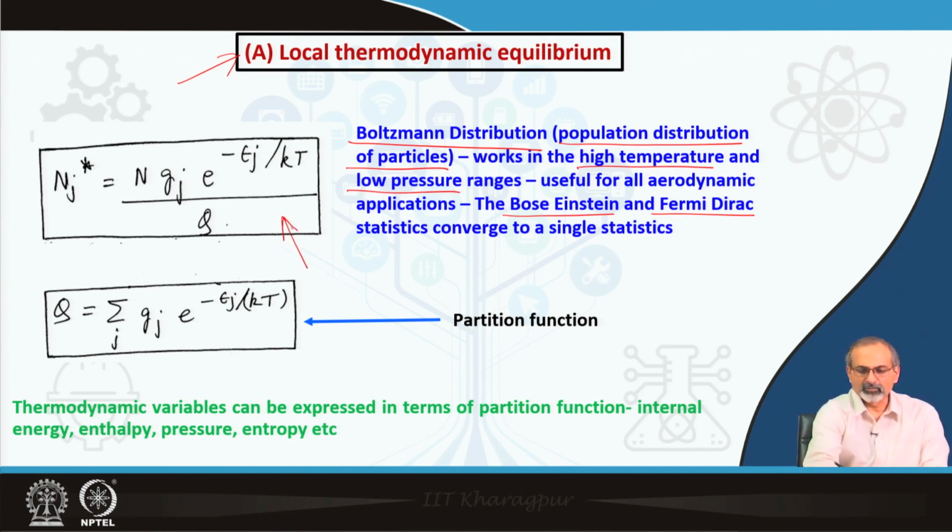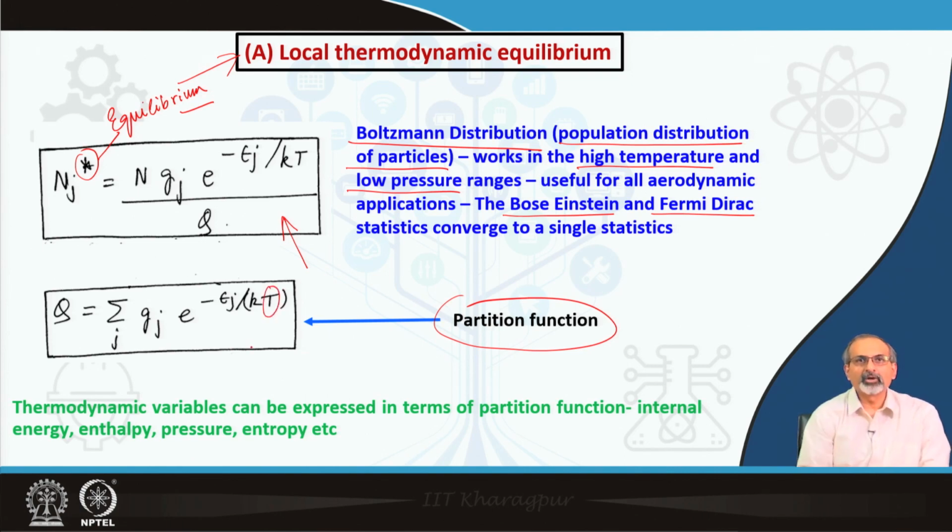So, this is the Boltzmann distribution we recall, and in the denominator of the Nj star expression, where the star of course works for the equilibrium, we have the Q, which is the partition function, and we were talking about the local value of temperature, which of course figures in these expressions.